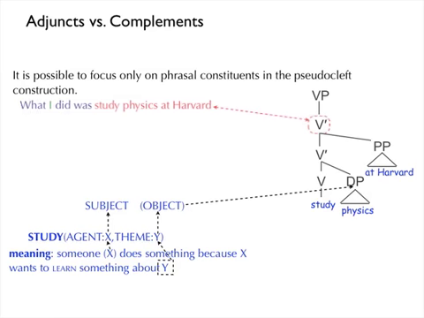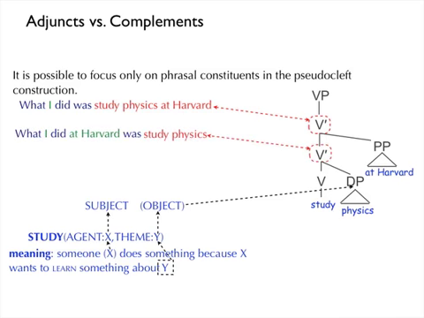So we see. What I did was study physics at Harvard, that's fine, right? What I did at Harvard was study physics, fine. What I did, physics at Harvard, was study.